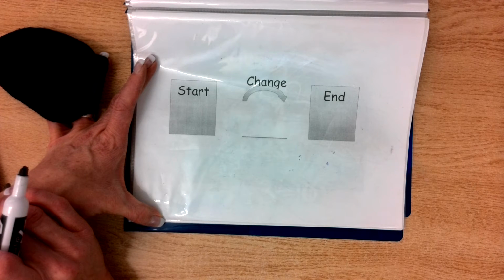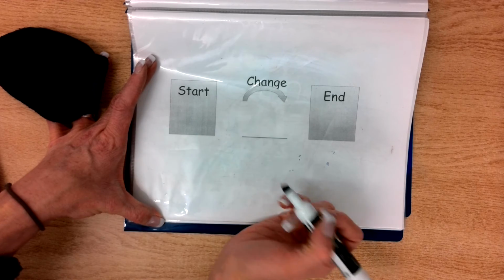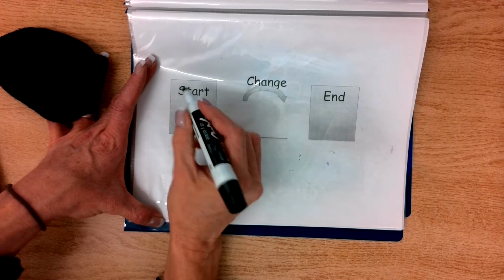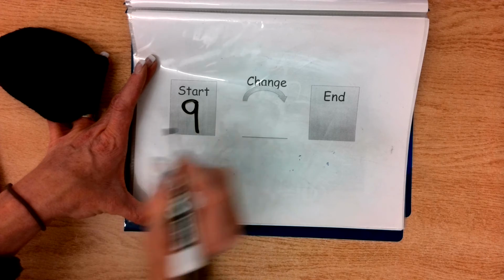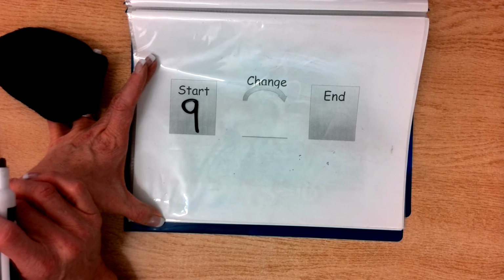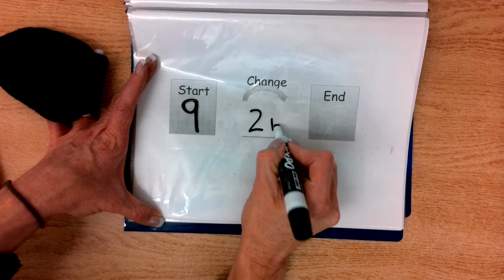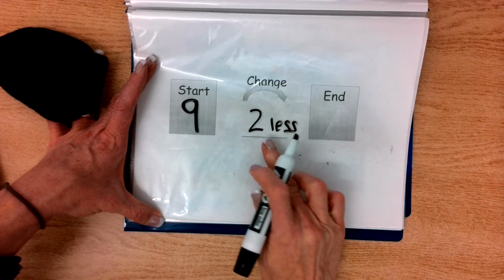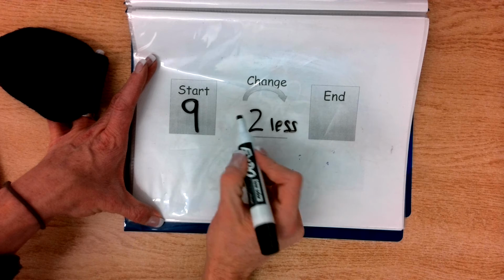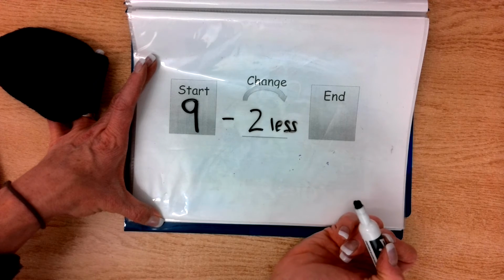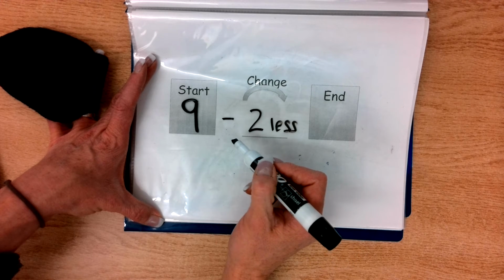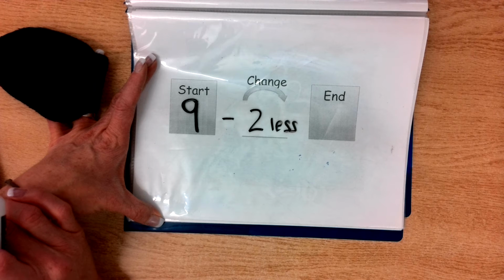So here we go. If we start with 9 cups on the table, so what's my starting number? You got it, 9 cups. And I dropped 2 on the floor. So 2 less. But instead of using this word less, we're going to use this symbol. Okay? And that symbol is the subtraction symbol.